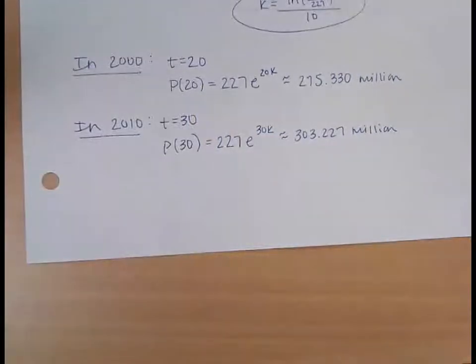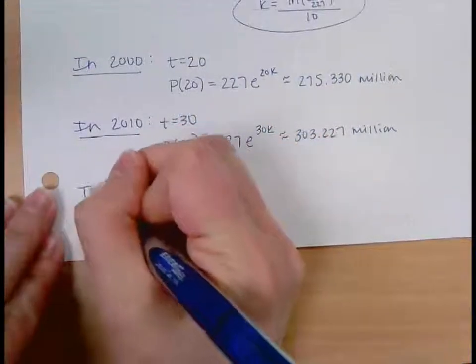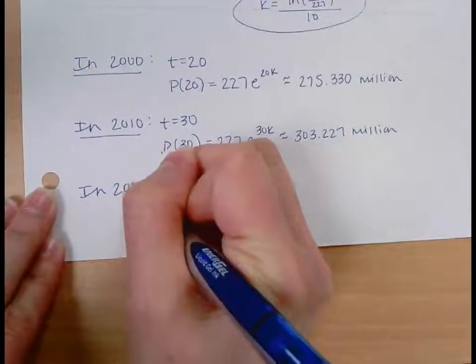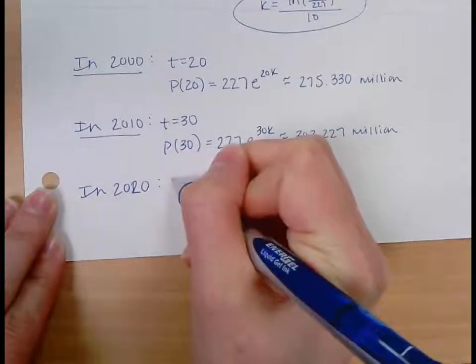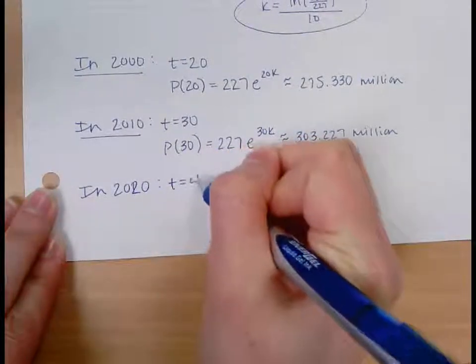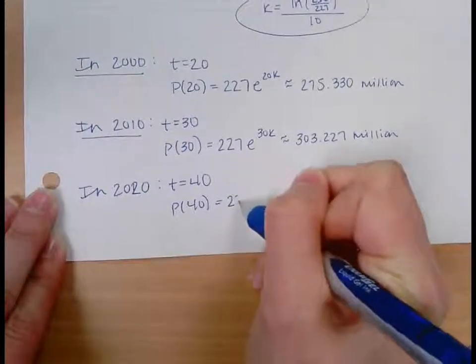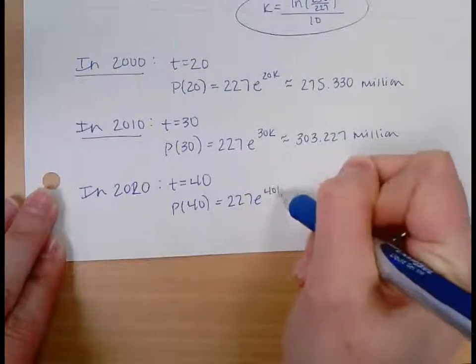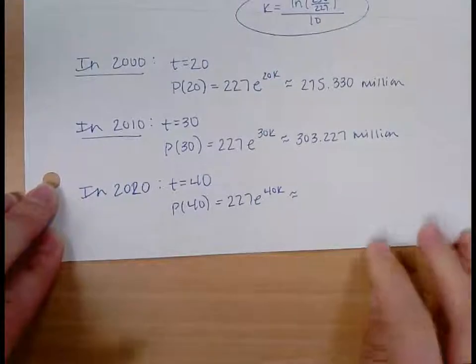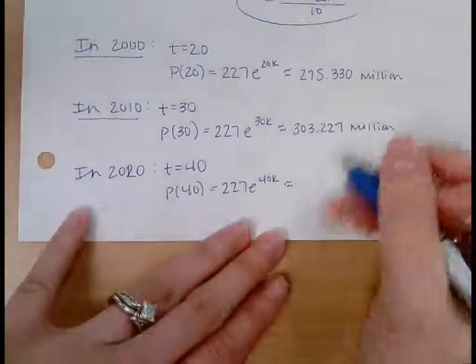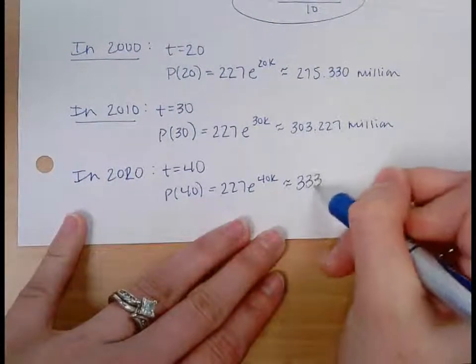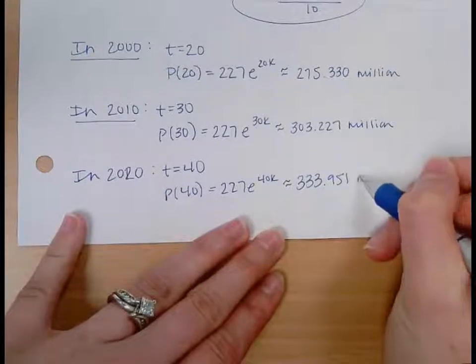And then we can find in 2020. So in 2020, T would be 40. Did you have what that is already, Jake? 951.